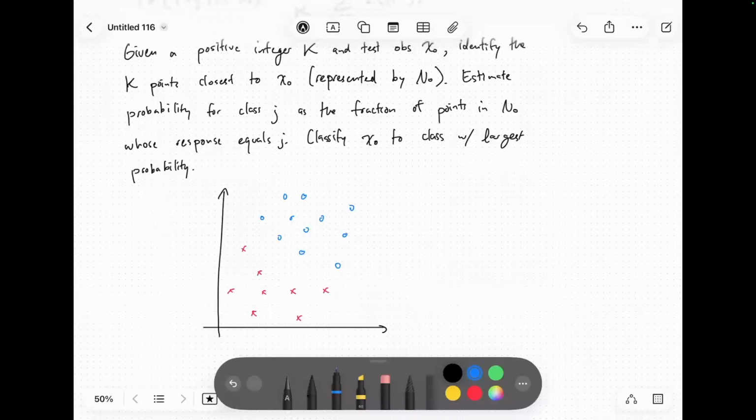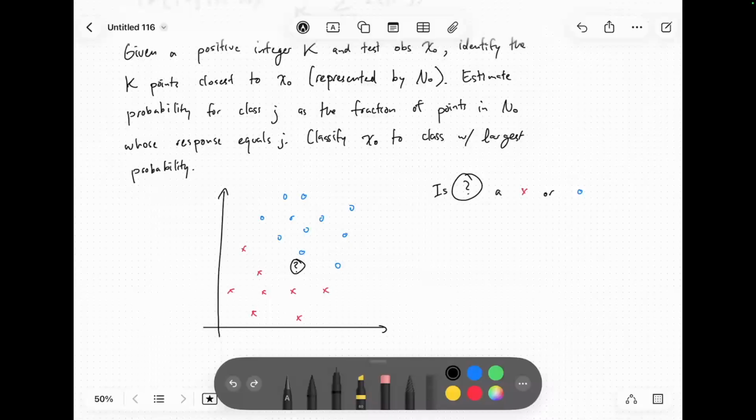So I'm going to plop down a point right here. So is this question mark an X or... okay, what do you guys think?